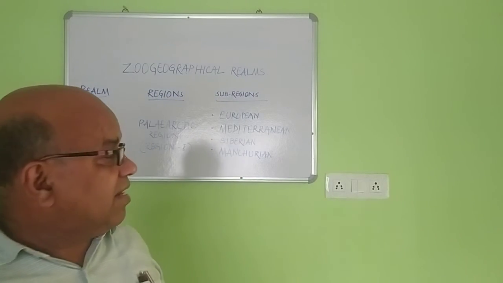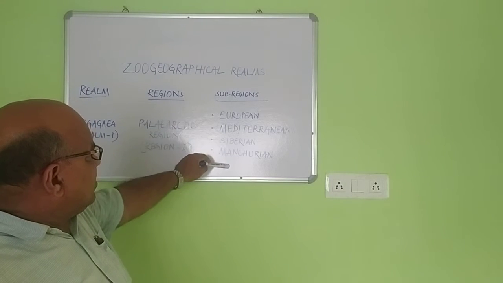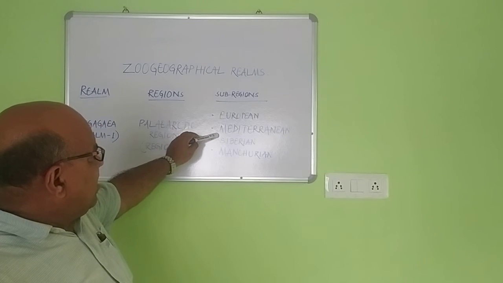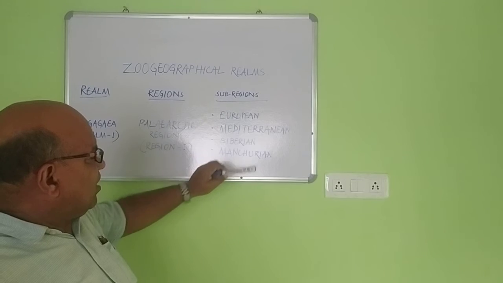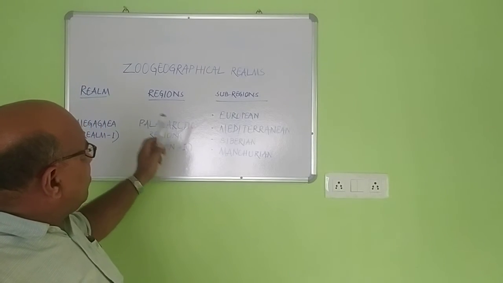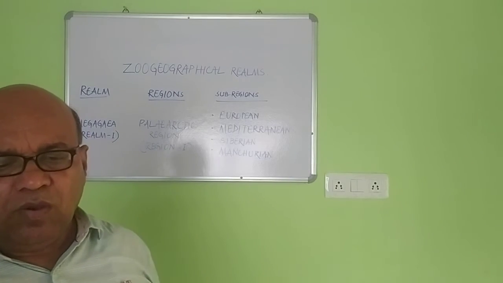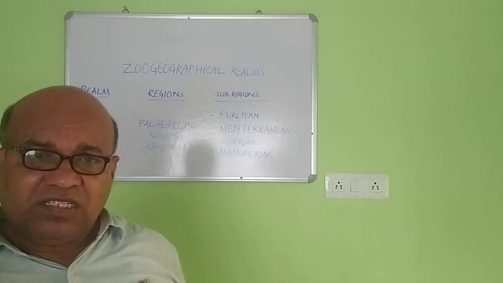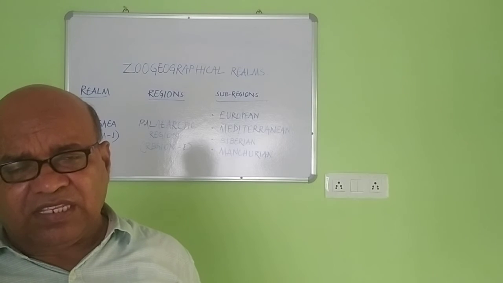Region 1 generally comprises 4 sub-regions. They are named European, Mediterranean, Siberian, and Manchurian. Each region is divided into 4 sub-regions. In total, how many regions do you find? 6 regions, and each region has 4 sub-regions.